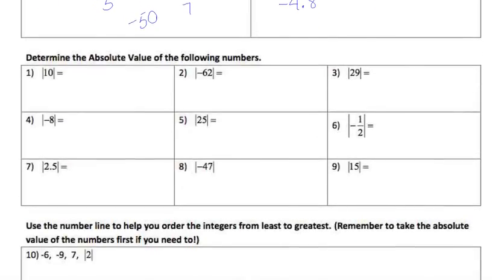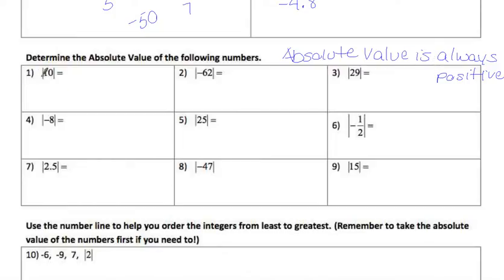Okay, if we look at the next section, it says determine the absolute value of the following numbers. Remember, absolute value is the distance from 0 on a number line. The other thing you can think of is that absolute value is always positive, because a distance always has to be positive.